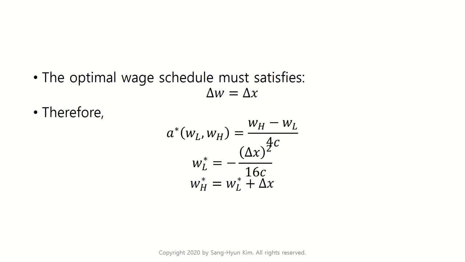It is possible, yes, because maybe if you do something bad, if you cause harm to the employer, then you have to compensate the employer for the loss. That can be expressed as a negative wage.